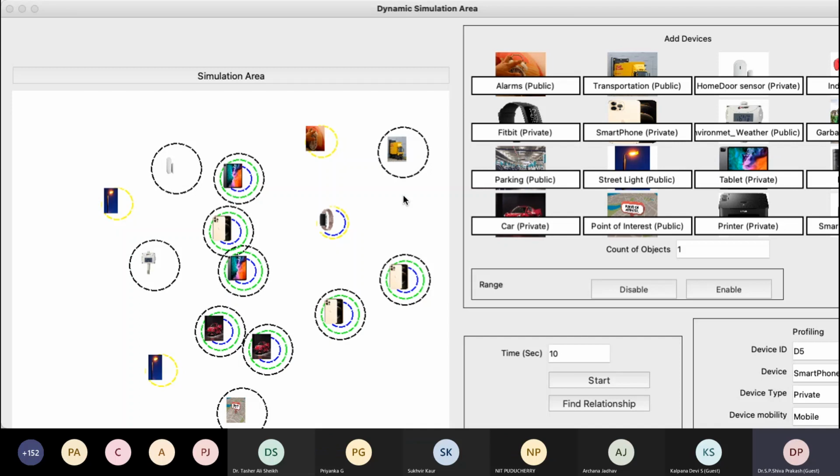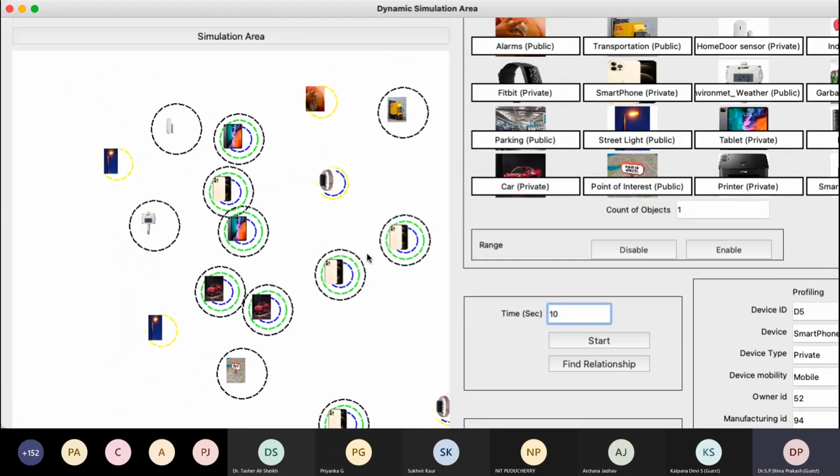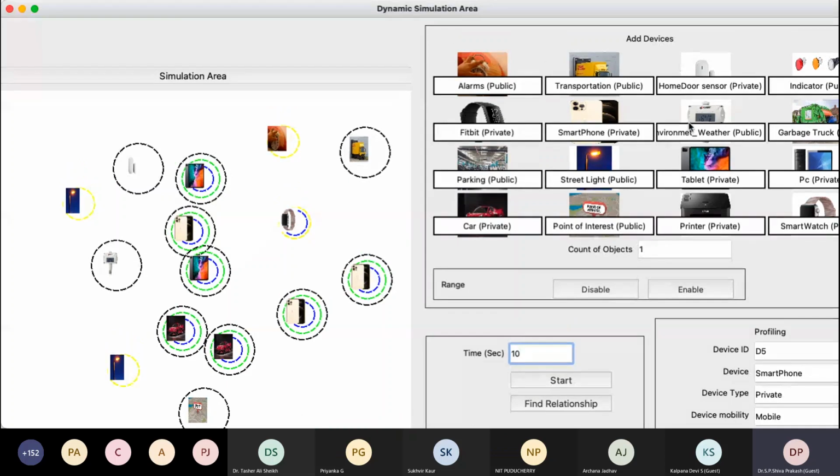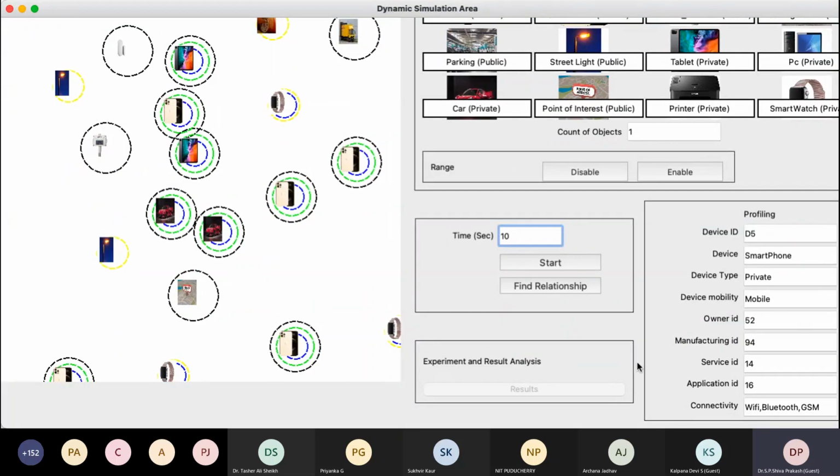Now suppose for stranger object I don't want ZigBee, I can use Bluetooth also, no problem. You can do multiple selections here. Now I have updated this. So this is the simulation environment, and these are the set of devices, and the object profiling has been done here.